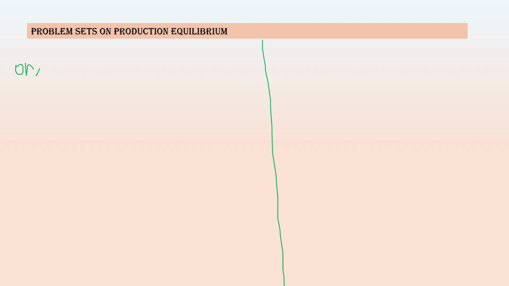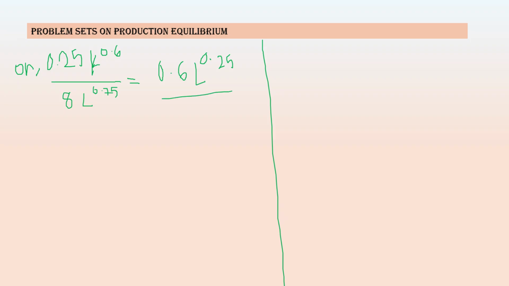So we'll get 0.25 K to the power 0.6 divided by 8 L to the power 0.75 equal to 0.6 L to the power 0.25 divided by 5 into K to the power 0.4.